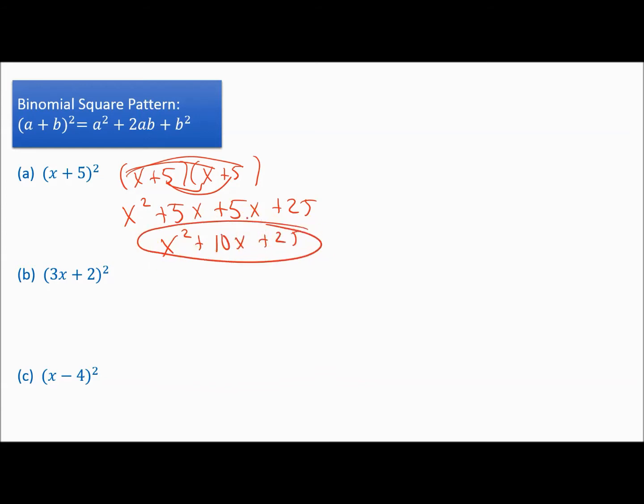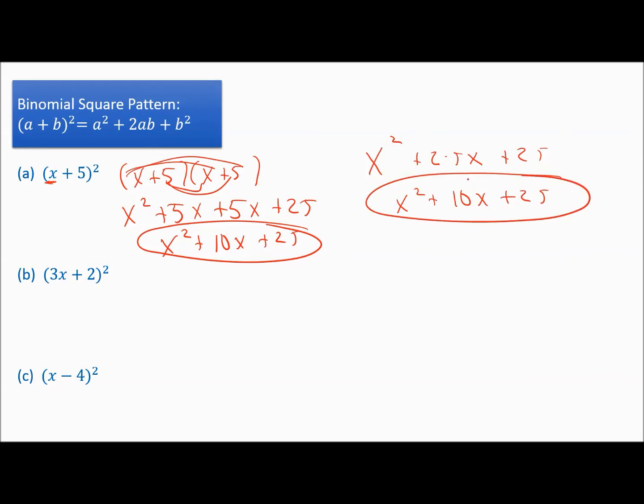But now if I use the above formula up here, okay, then I have the first one squared, so that would be x squared because x is the first one. Then it says 2ab, which means multiply them together times 2, so plus 2 times 5x plus, and then you square the last one. 5 squared is 25, which still gives you x squared plus 10x plus 25.